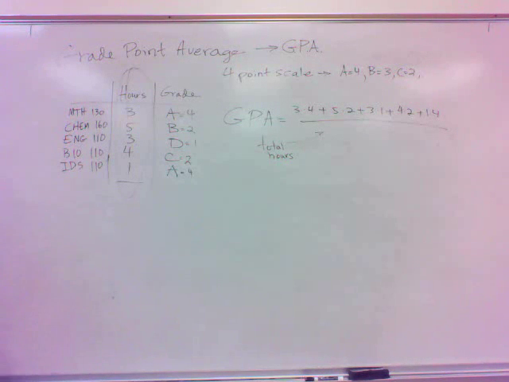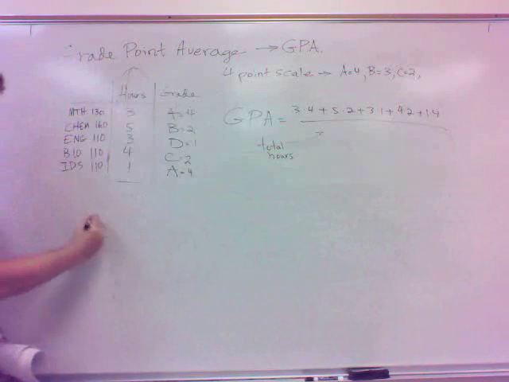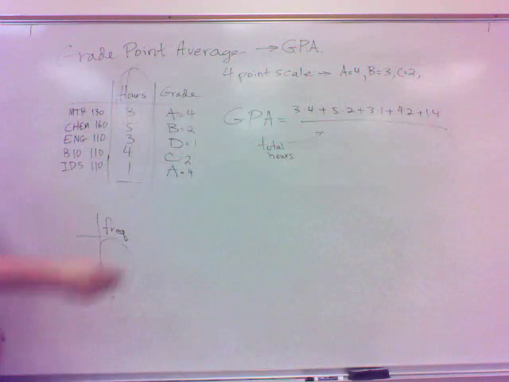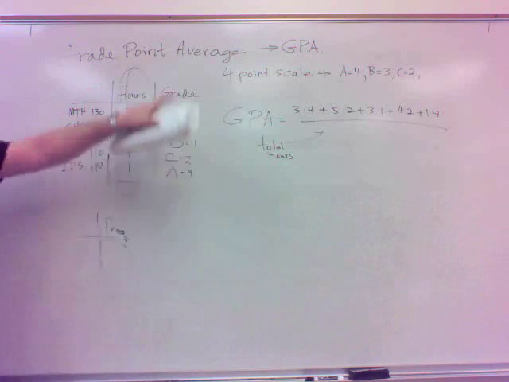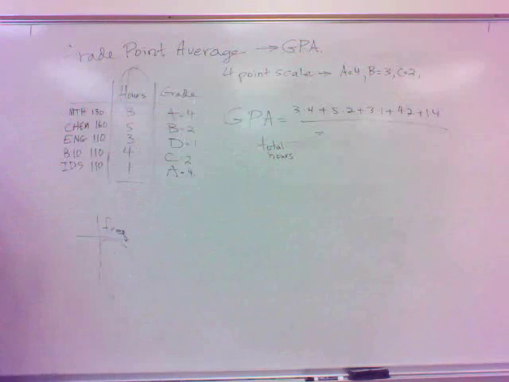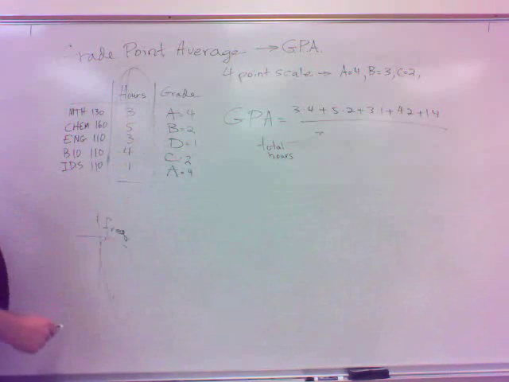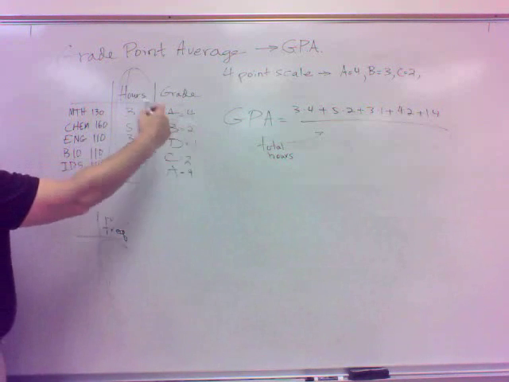I arranged them this way because on the other table I was adding up the frequency column, and it was over here. But they're listing the hours here, so you add these up, and that's what you divide by instead of adding up the grades. It's a little confusing the way they arrange it, but that's the way they did it. I don't know how it's usually listed on a grade card, but okay, you with me? So I divide by the total hours, how many hours we're taking.